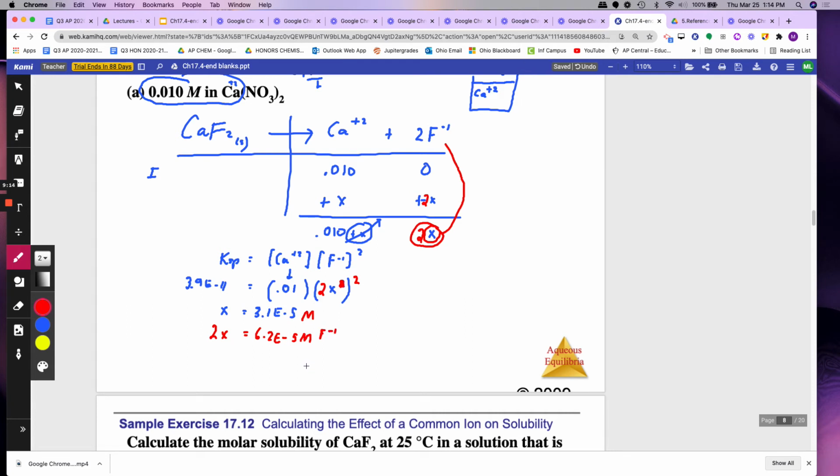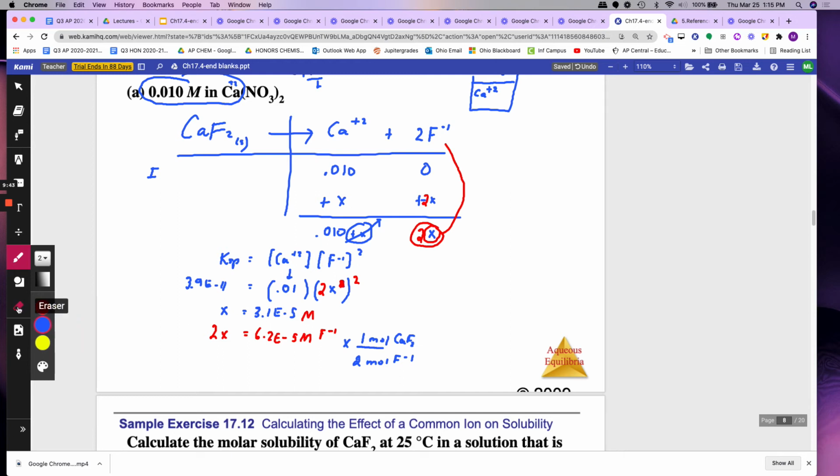Okay? So if you want the molar solubility of CaF2, you just have to do a ratio. For every 2 moles of F minus 1, you're going to get 1 mole of CaF2. 1 mole or 1 molar, same thing. Okay, moles per liter, it'll be the same thing.